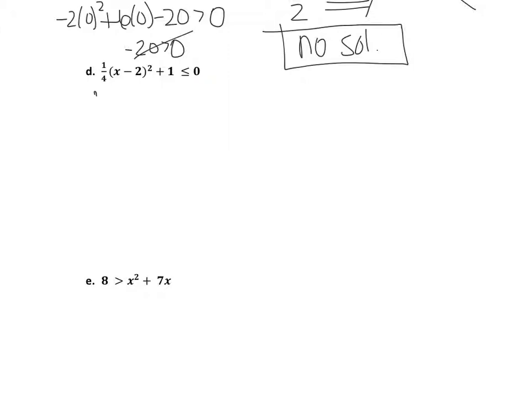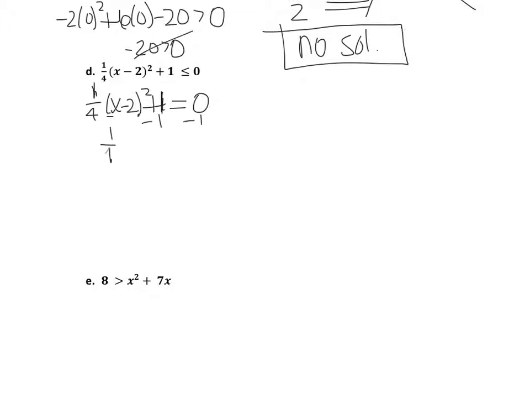So I'm going to set that equal to 0 and pretend like I'm solving a quadratic equation. First thing I would do to solve for x would be to move the 1 over. So I'm going to subtract 1.